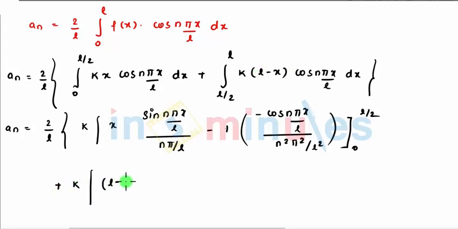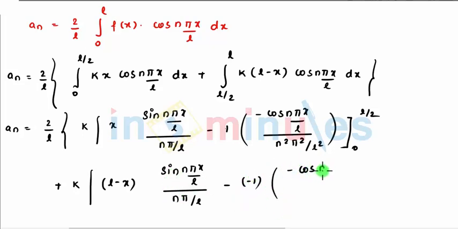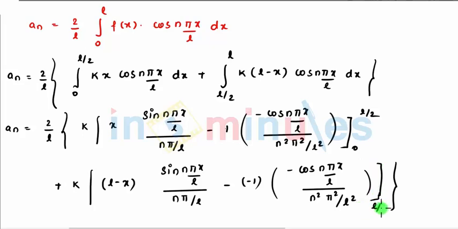This comes as l minus x sine of n pi x divided by l, the whole gets divided by n pi by l, minus the differentiation of this comes to be minus 1, integration of this comes to be minus of cos n pi x divided by l, this whole gets divided by n square pi square divided by l square, where limits are from l by 2 to l.